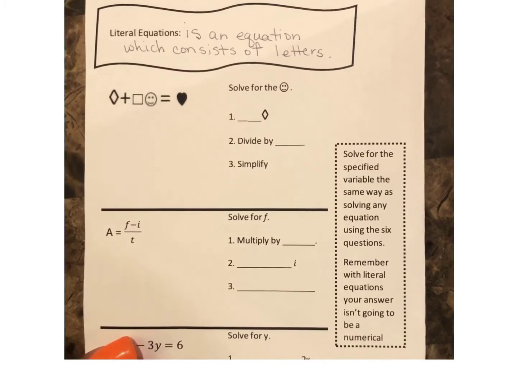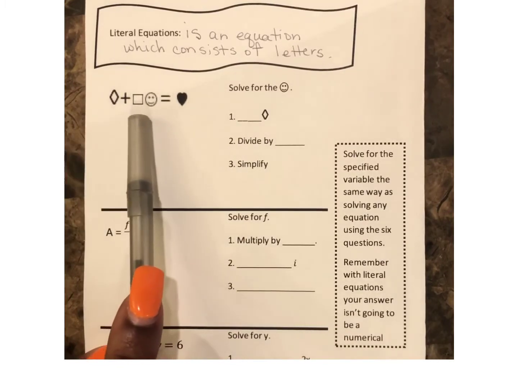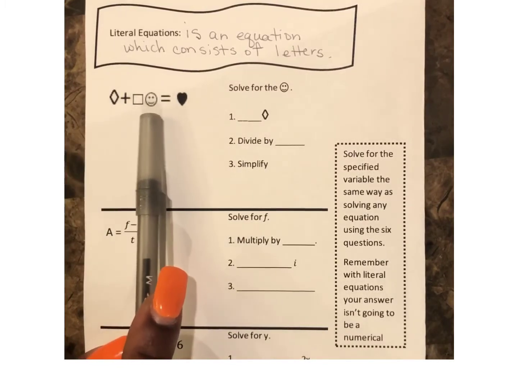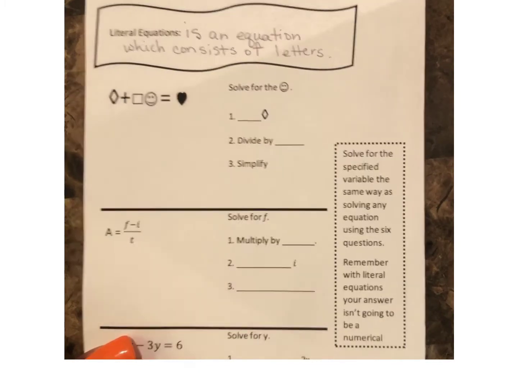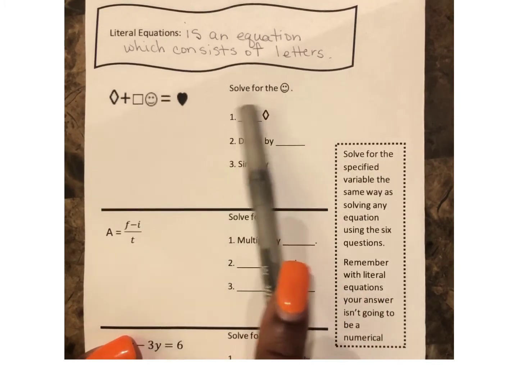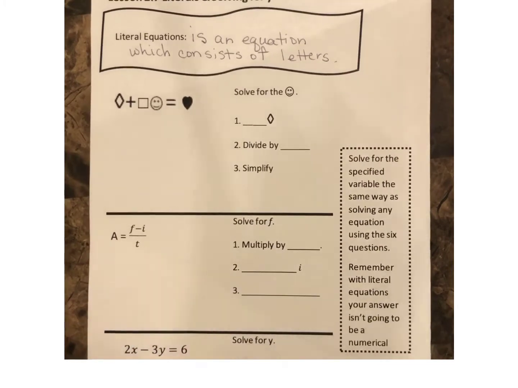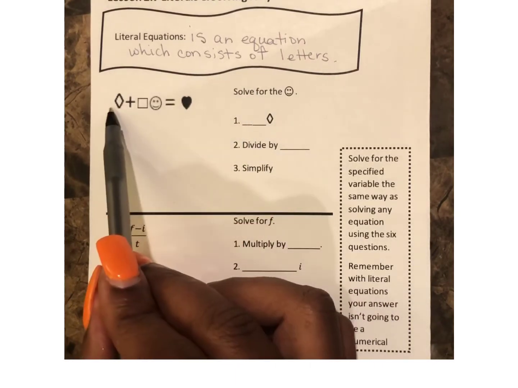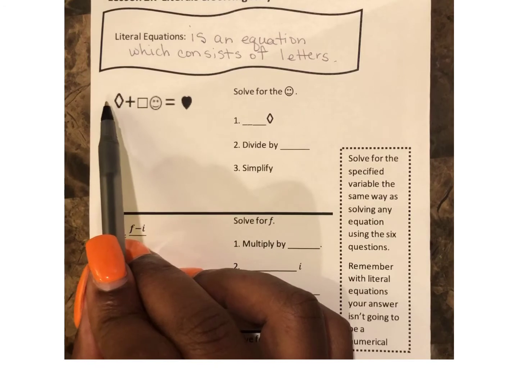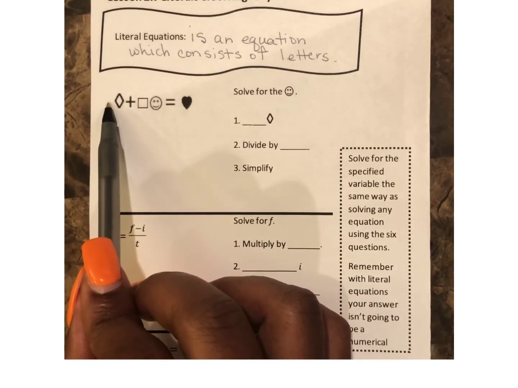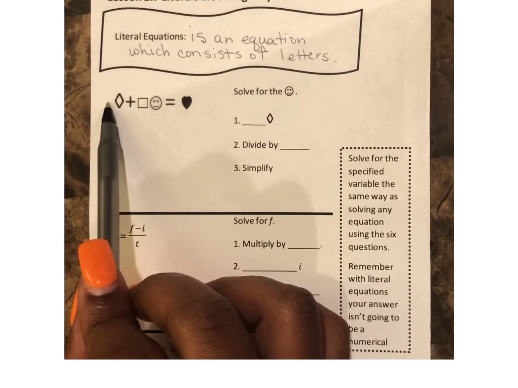In the first problem, we have diamond plus square times happy face equals heart. And we want to solve for the happy face. So we're going to move some things around to solve. Since we don't have a sign in front of our diamond, it's understood to be positive.